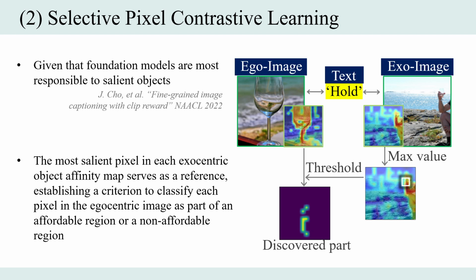So, we expect stronger activations for affordable parts in egocentric images compared to their exocentric counterparts when matched with the text prompt. To be specific, given the maximum value of activation on exocentric images, we use that maximum value to threshold the activations in egocentric images. This way, we discover the affordance relevant part in the egocentric representation.